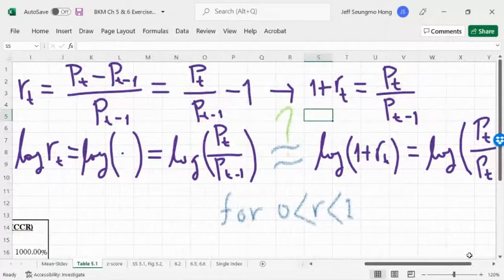This is a very basic concept, but so many people don't understand the difference between gross return and net return. Remember, if the interest rate is 6%, the net return will be 6%, but the gross return will be 106%. If you put $10,000 in the bank at a 6% interest rate, 1 year later you will have $10,600.